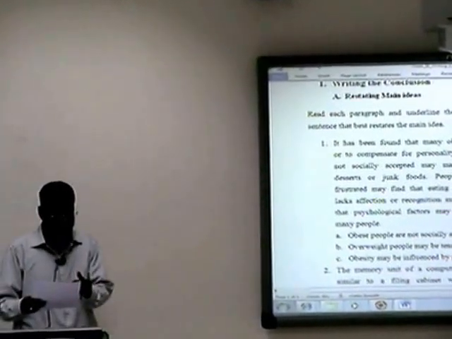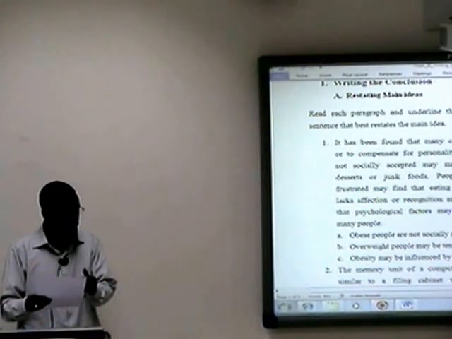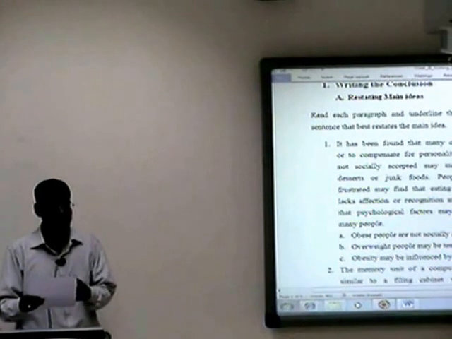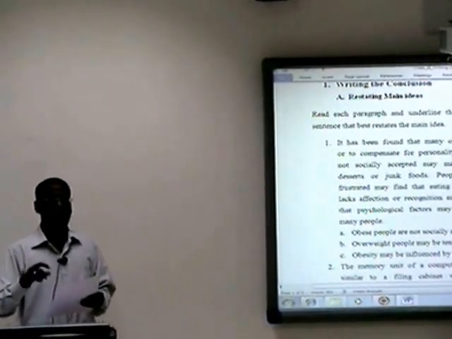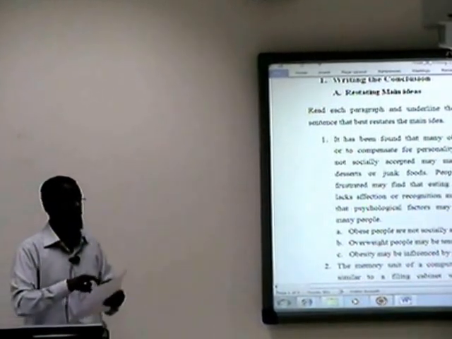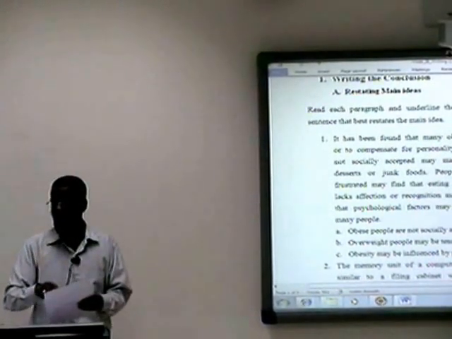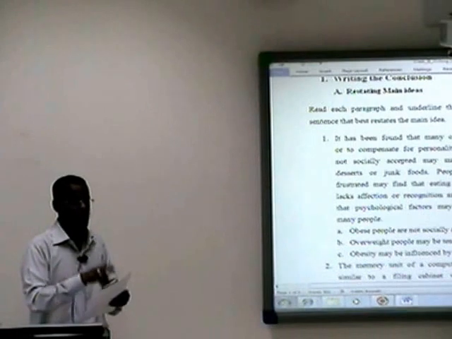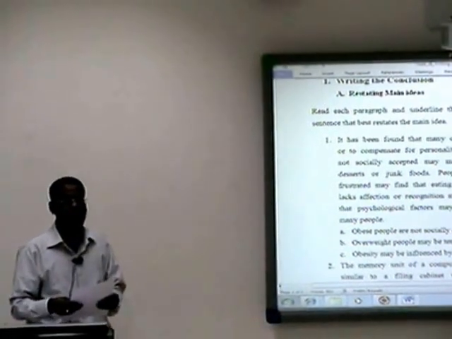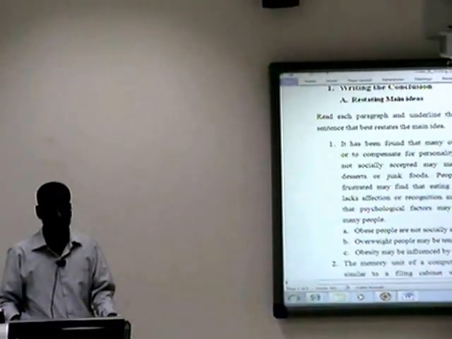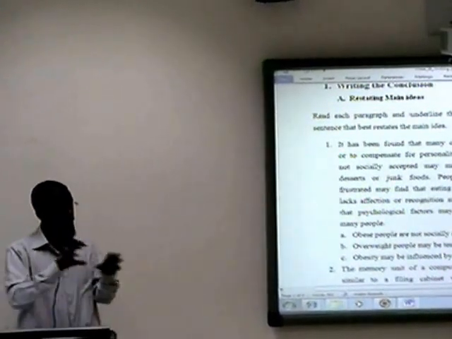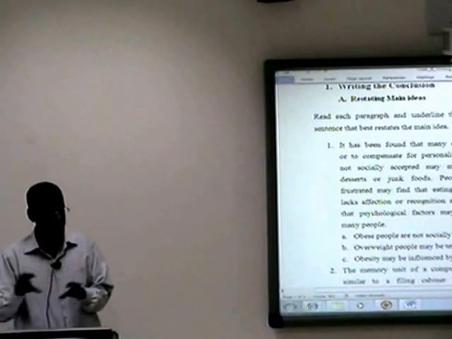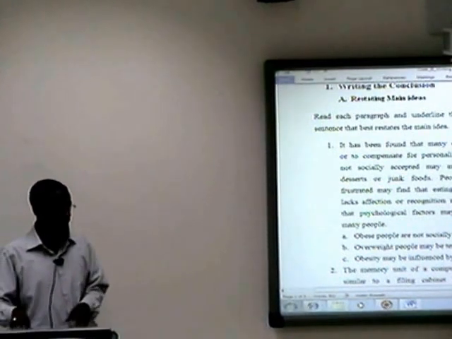Now before we go on to the options that we have, in your own words, can you tell me what is the main idea here in the paragraph? What do you think? Reasons. So reasons of obesity. What kind of reasons are mentioned in the paragraph?